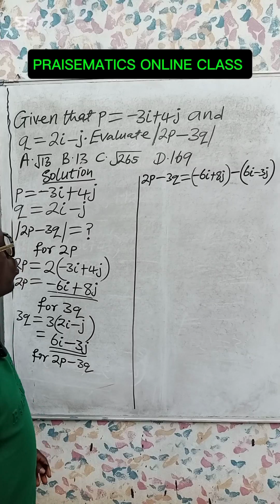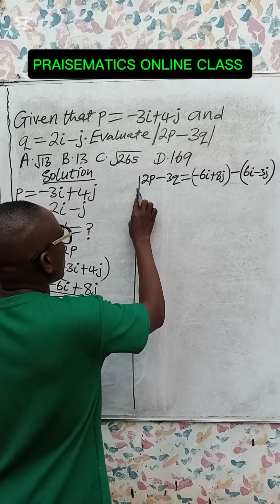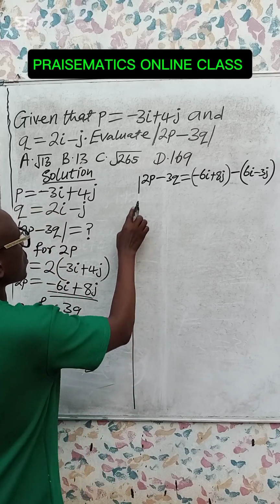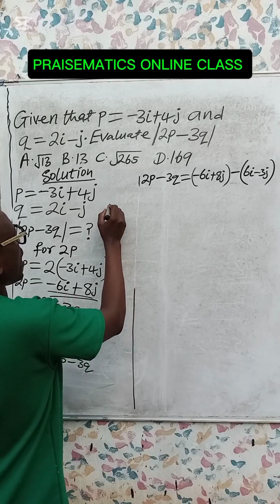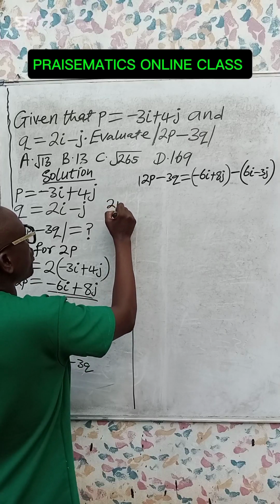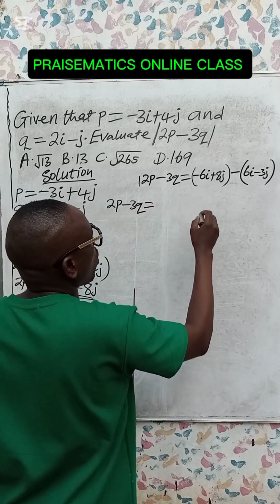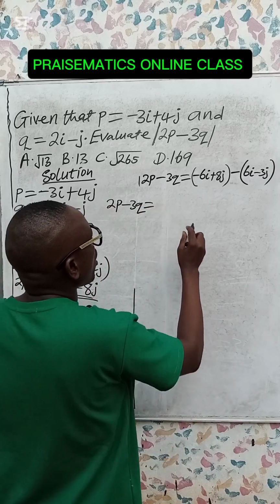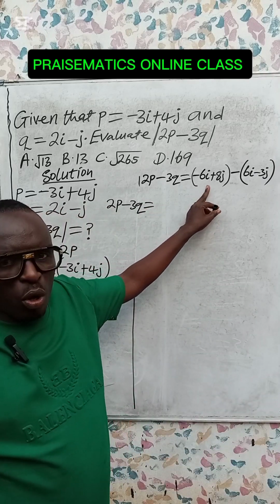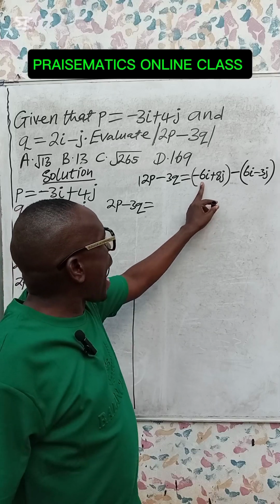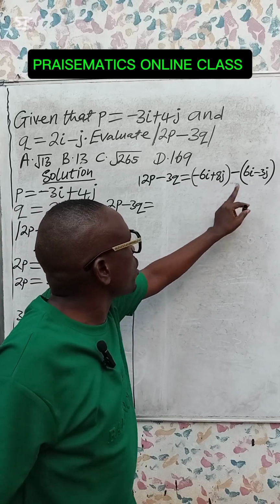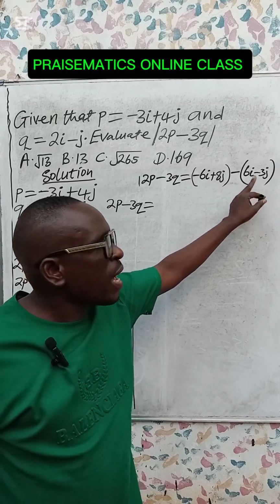So what are we going to do? To have the value of 2P minus 3Q, we need to do what we call collection of like terms: i to i, j to j. Are you with me?